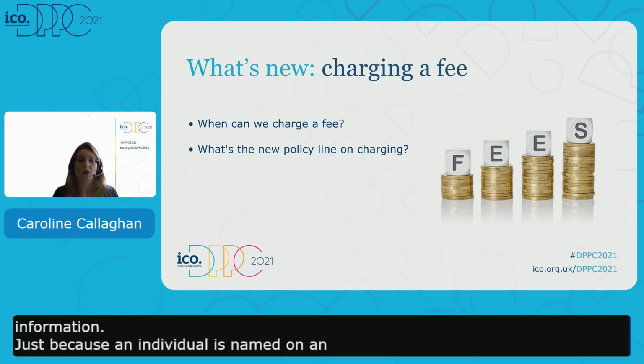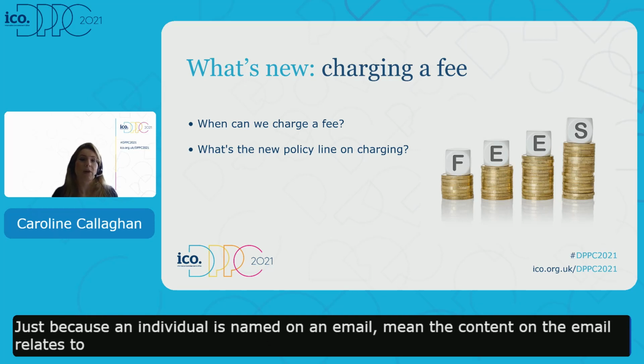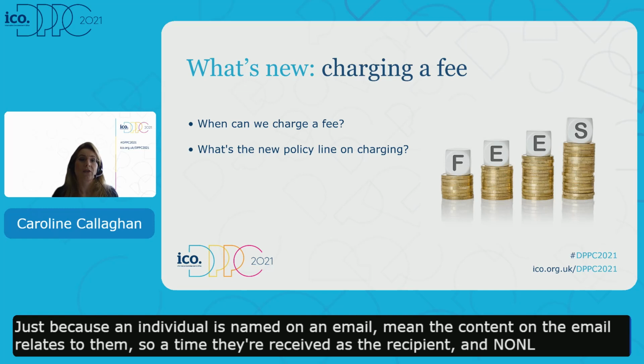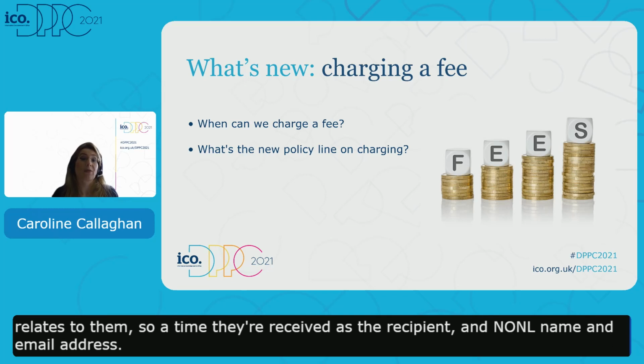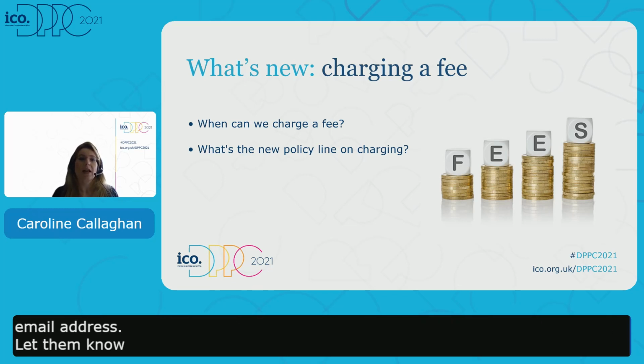So in situations where an individual is only named as a recipient and only their name or email address is visible on the email, their only personal data is in fact their name or their email address, so it is sufficient to let them know that this is the information you hold in respect of 2,000 emails or however many emails it may concern. It's fine that you take that approach.